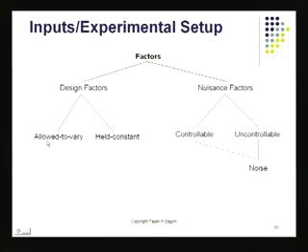And what we have to do is somehow neutralize the effect of noise, or have a data analysis scheme that can still help me get reliable results by looking at the output in a special way so that I neutralize the effect of the noise variables. This is something that will be done when we get into the phase of data analysis. Now, design factors may be allowed to vary randomly, or they may be held constant, or they may be allowed to vary according to some plans.